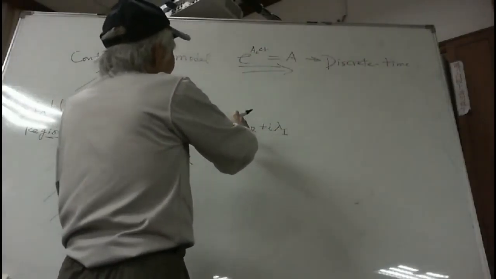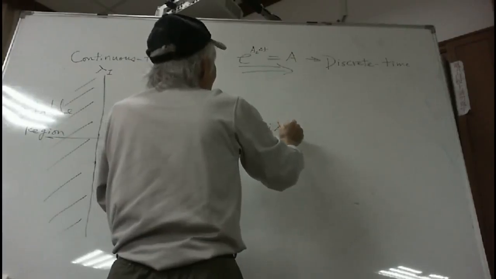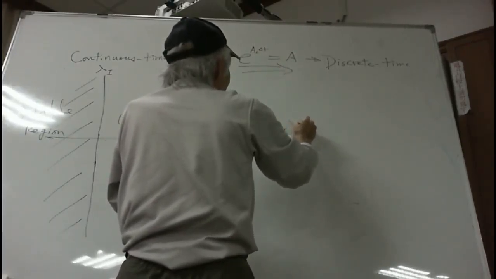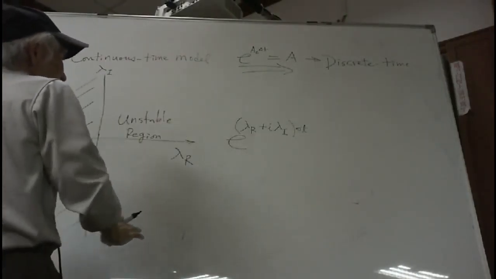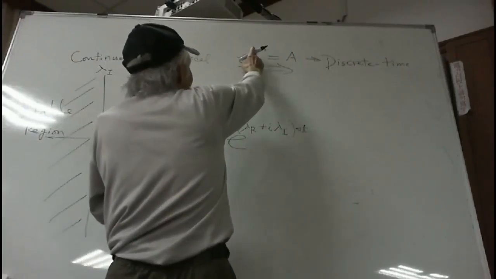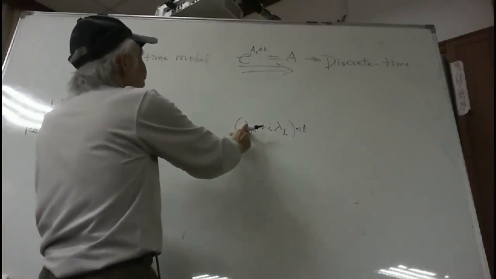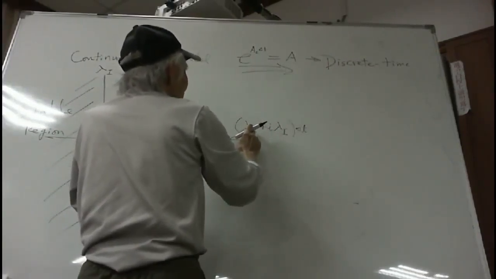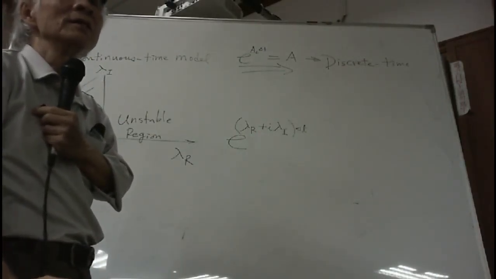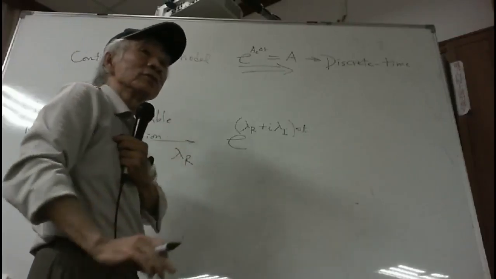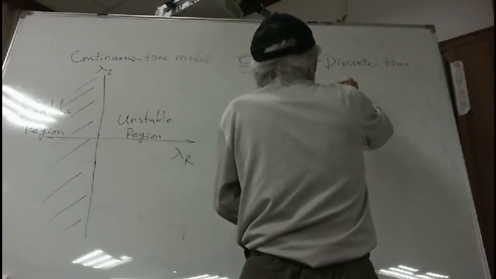So the eigenvalue of that is multiplied by delta T. For discrete time, I have to take the exponential. Right? Okay.